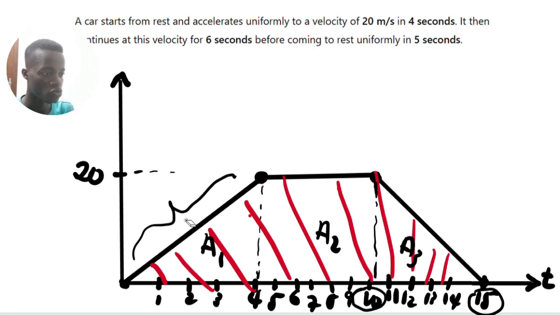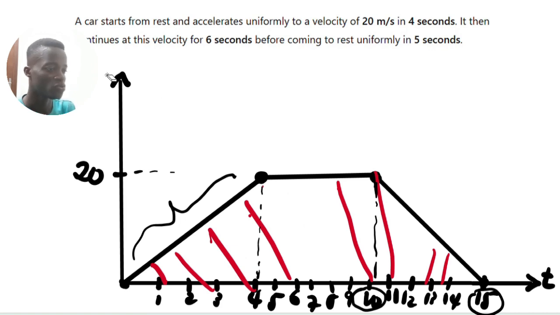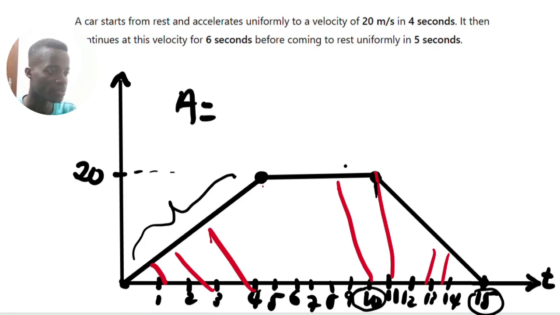So how do we solve that as a trapezium? You are challenged to actually solve it in the direction of area 1, area 2, area 3, but I'm going to solve it as a trapezium. Area is equal to half times A plus B. Let's say this one is A and the other is B. From 15 to 0, right?